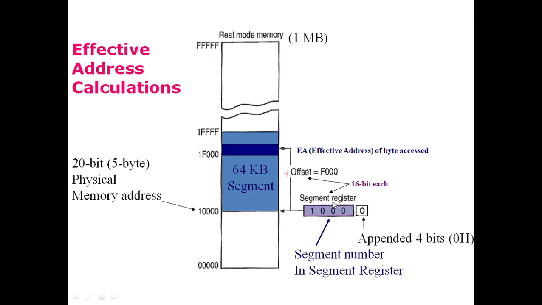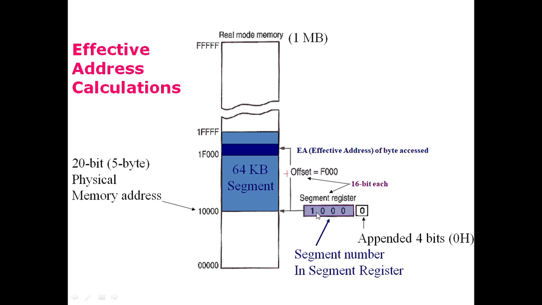And let's assume we have a segment register which for this particular example has the value 1000. This is again a 16-bit segment register. To get the effective address, the segment number in the segment register is appended with a 0 in hexadecimal. So if this is the segment register content, then an additional 0 as a hexadecimal digit is appended on the right side.